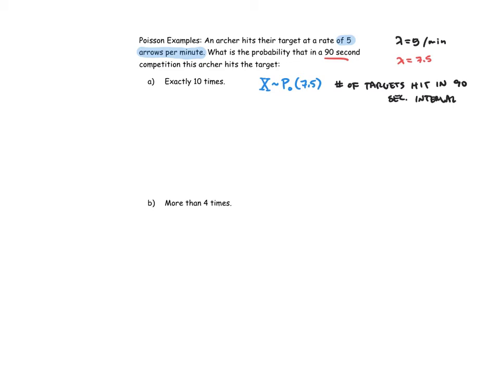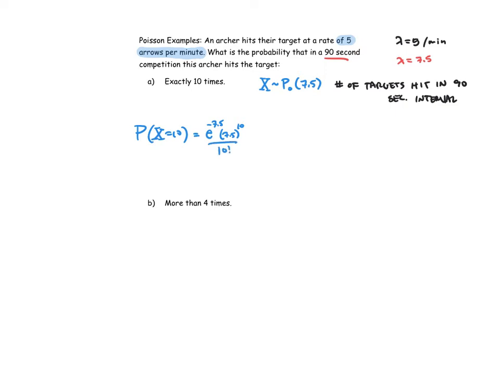Okay. Now, that allows us to then build the following probabilities. So the probability that our variable x equals 10 can be done in a couple different ways, one of which would be e to the negative lambda, lambda to the x over x factorial.